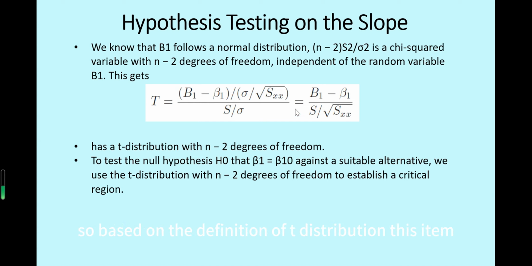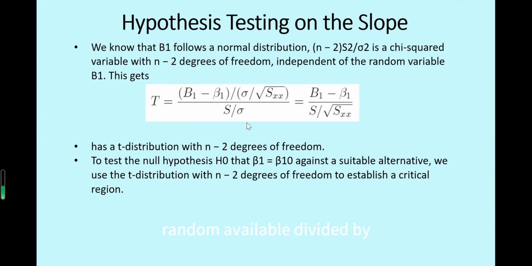Based on the definition of the t distribution, this is a standard normal random variable divided by the square root of a chi-squared random variable divided by its degrees of freedom. So this term follows a t distribution with n minus 2 degrees of freedom.